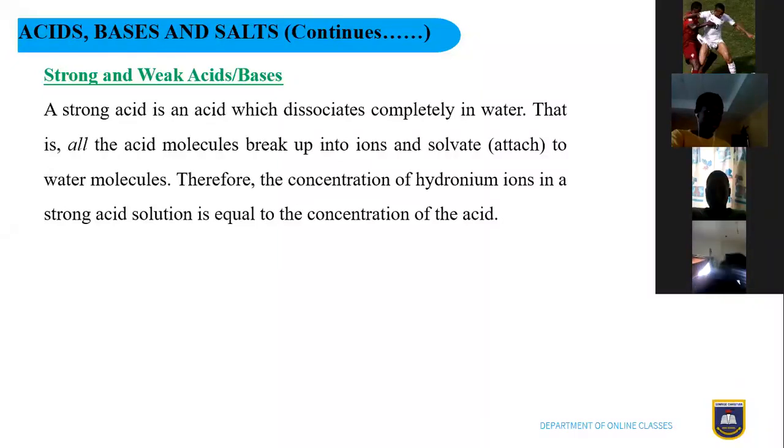Now, because strong acids break down completely in solution, the concentration of hydrogen ions produced is the same as the concentration of the original acid. Because acidity is determined by H plus ions, every hydrogen in the acid is converted into H plus for strong acids.